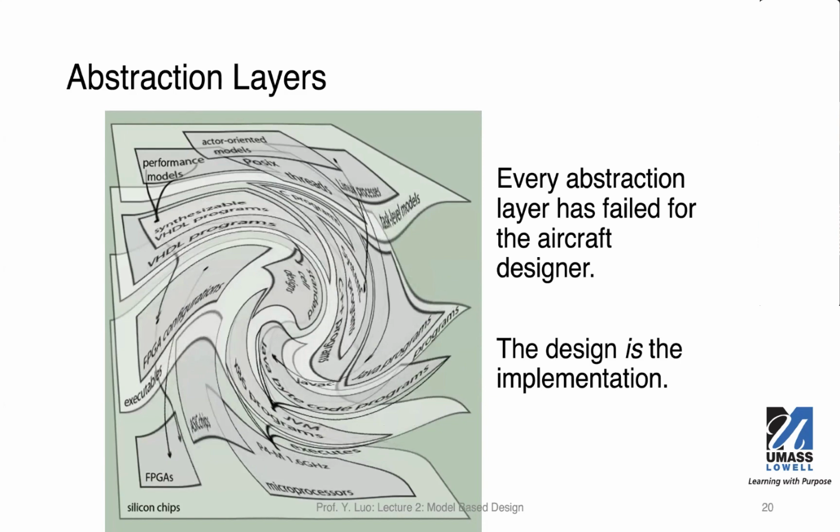The abstraction layer is not as well defined as when you have a simple computer system that does one thing. So the collapse of these abstraction layers makes the design much more complex and costly. And the design is the implementation if you don't have a good abstraction. So you basically start from scratch.